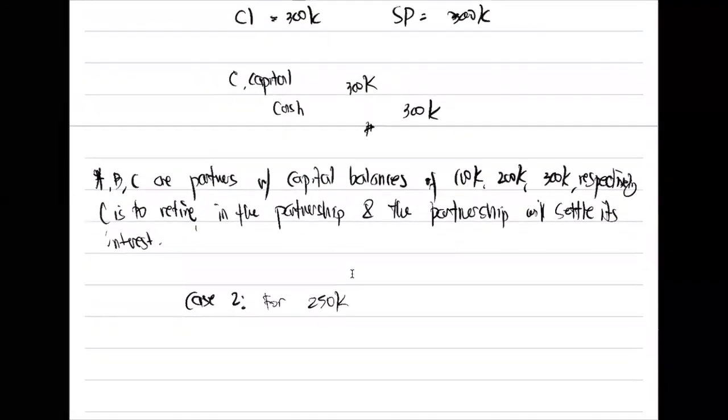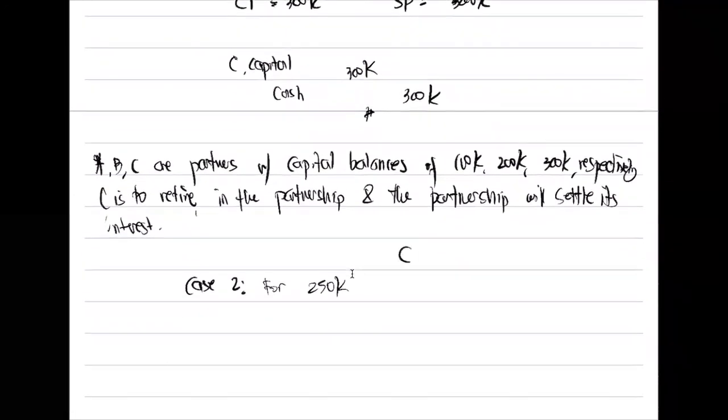So what happens here? Capital interest is 300,000 because C is 300,000. And then what is the settlement price? The settlement price is only 250,000.